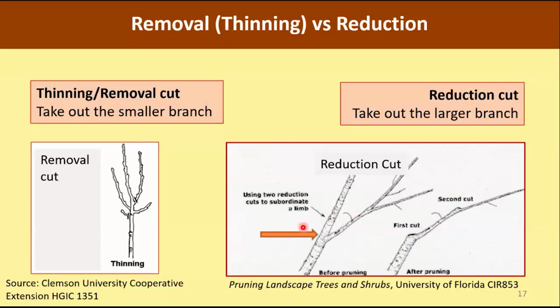Ideally, the remaining branch is at least 1/3 the size of the branch removed. But in a thinning cut, we remove the smaller branch, and another major difference is the thinning cut is cut to the collar, which has chemicals and hormones to protect the wound from infection.